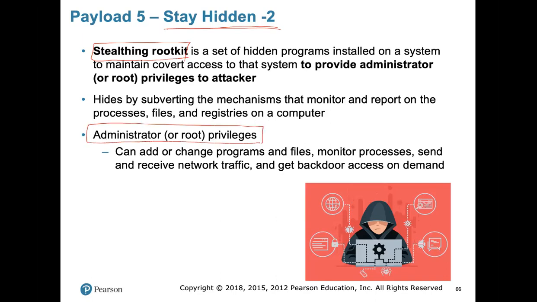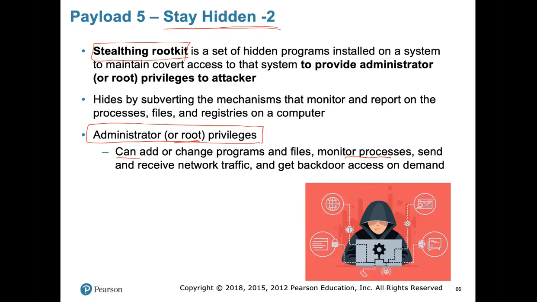We sometimes call it administrator access or root access, and this level of access has all the privileges that we have in a computer system. That includes creating a file, defining a new file, opening files, sending information to input output, monitoring processes, for example, switching the CPU between the different processes.